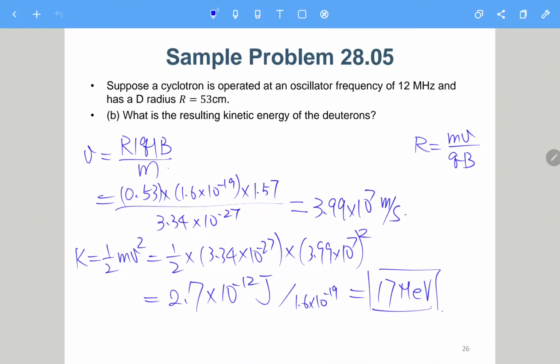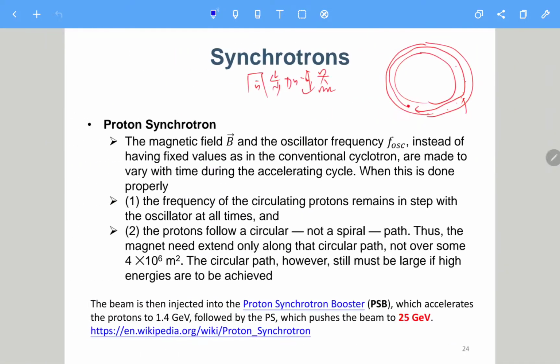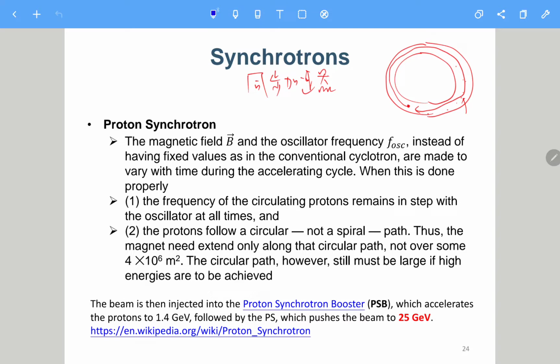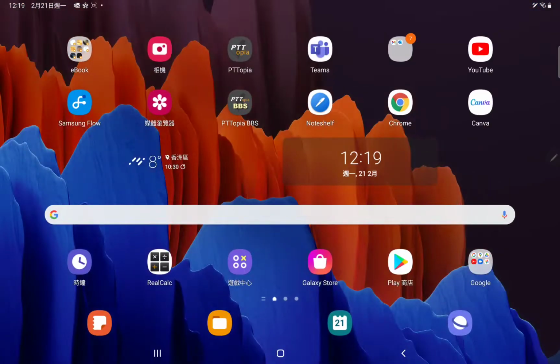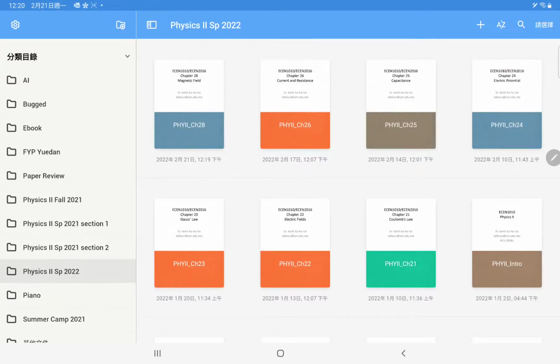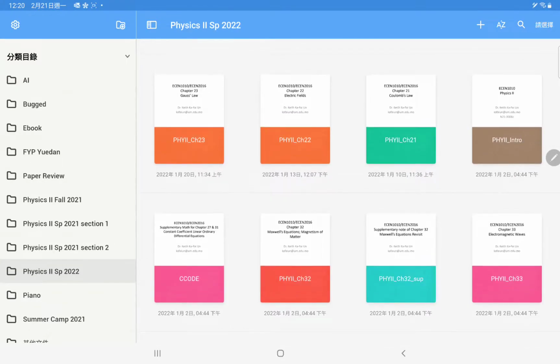Okay, so before we move on, let me try to explain why physicists need the particle accelerator. The point is that physicists try to find the fundamental particles.